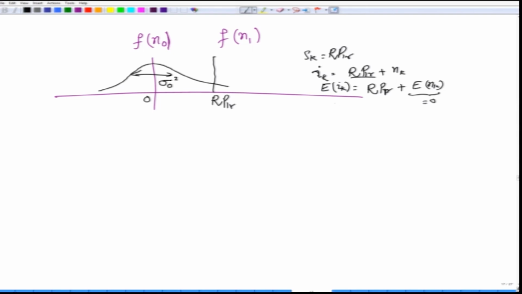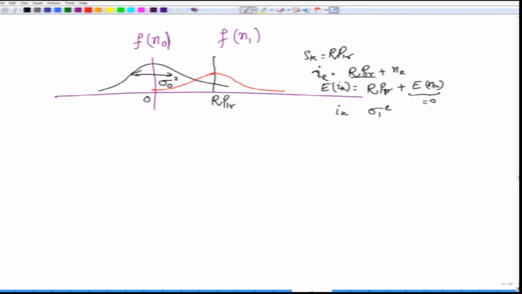However, the variance of this process Ik when you have transmitted bit 1 is given by sigma 1 square. Therefore, the noise process corresponding to this one will be different, and it has a variance that goes something like this. These have different heights simply because sigma 0 square is less, therefore its variance should be smaller, but the area under the curve f of n0 or f of n1 should be equal to 1.